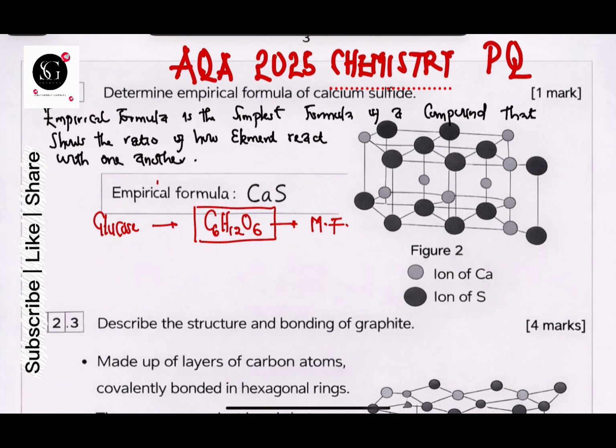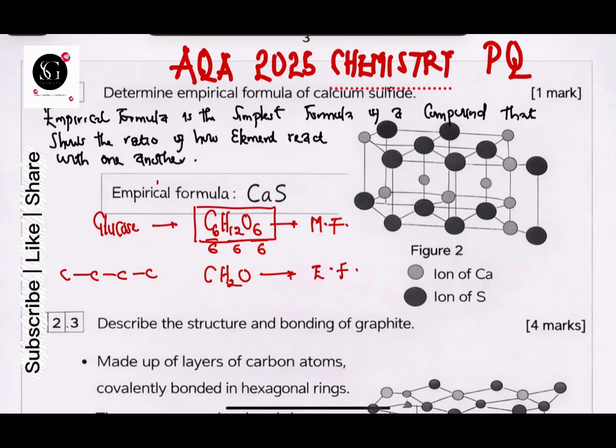What's the simplest formula of C6H12O6? All are divisible by 6. Let me divide all through by 6. So I have CH2O. This is the simplest I can get from this. So this is the empirical formula. And structural formula is when we decide to draw the structure of glucose.